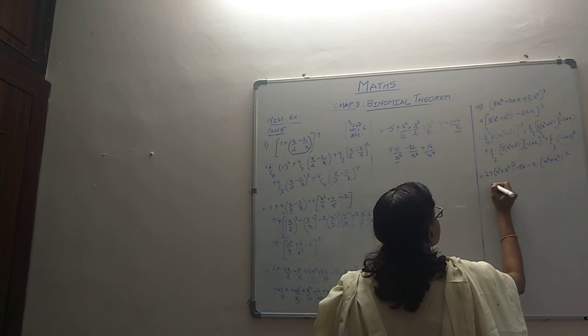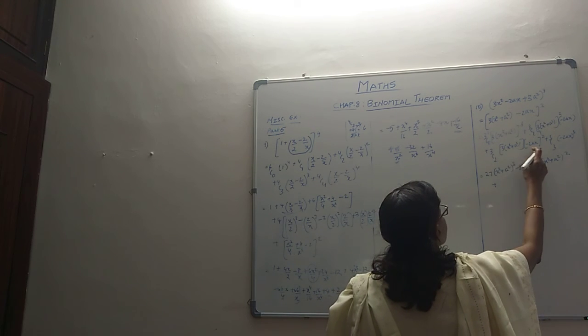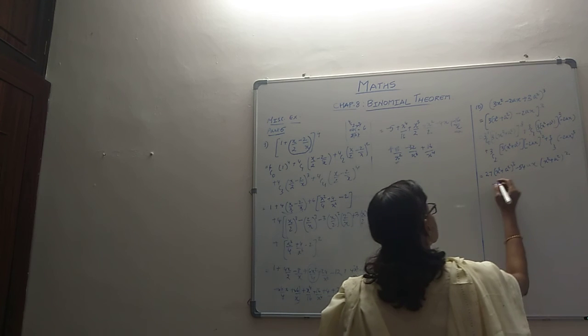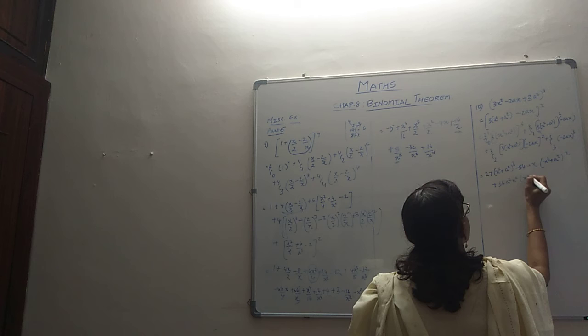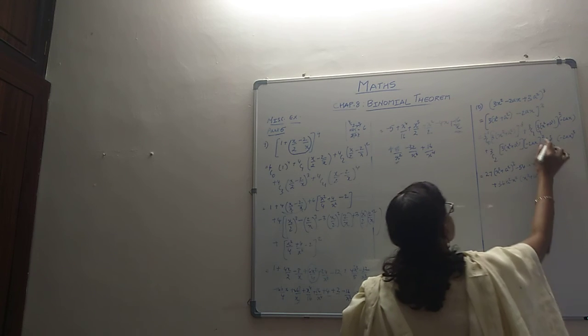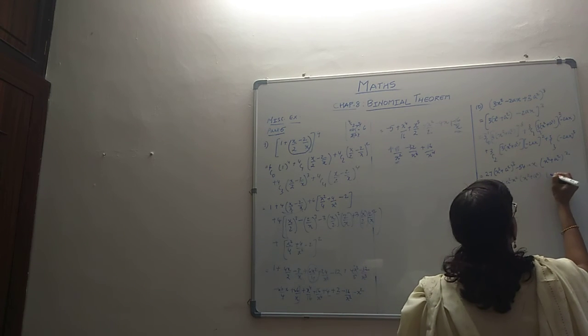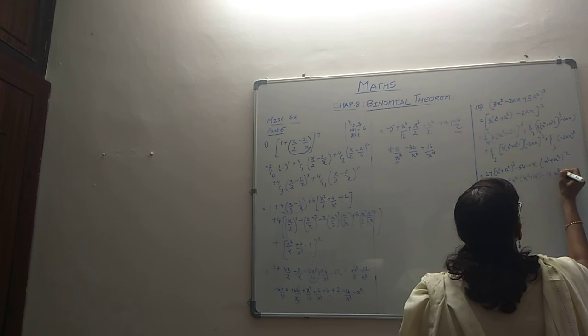Then this is 3, so 3 3s are 9 and 4, so that's 36 a squared x squared expanding with x squared plus a squared. Then 3c3 is 1, so it's going to be minus 8 a cube x cube.